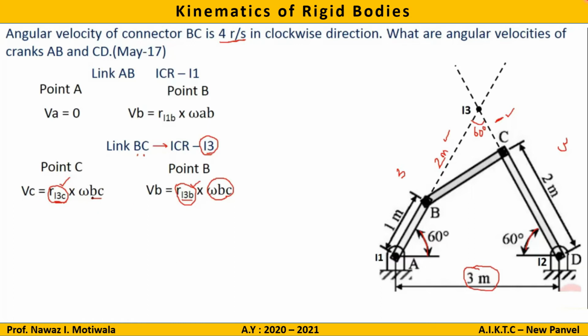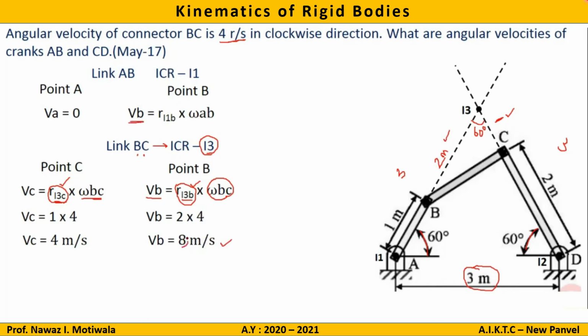Also in the question, omega BC is given to us. So I will substitute these two values in this equation and I will get the answer for VC as 4 meter per second. Similarly, I will substitute I3B and omega BC in this equation to get the answer for VB. On substitution, I will get VB as 8 meters per second. Now we have made one equation here. In this equation, VB is now known to us.